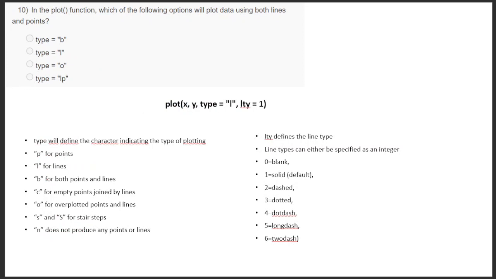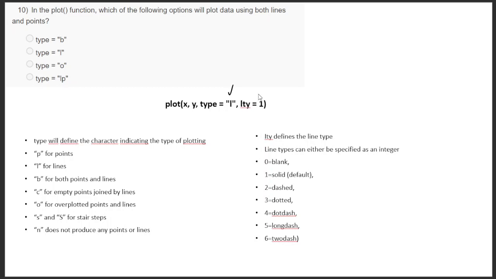Okay, let's go to the 10th question. In the plot function, which of the following options will plot the data using both lines and points? The syntax for this is plot(x, y, type). The type is the type of representation, and then the line style, lty, the line type.